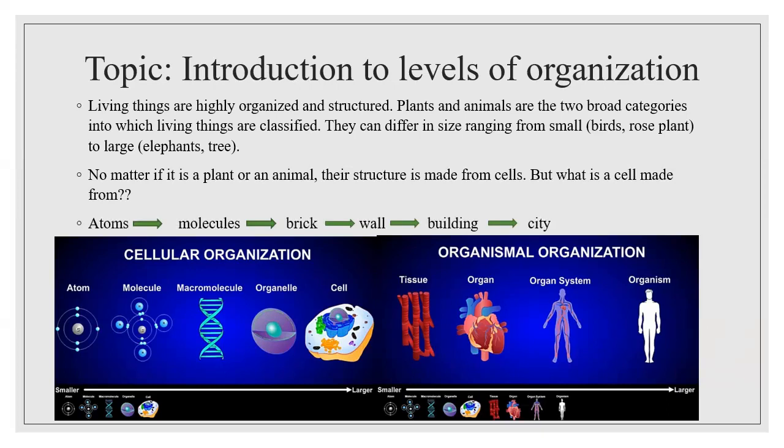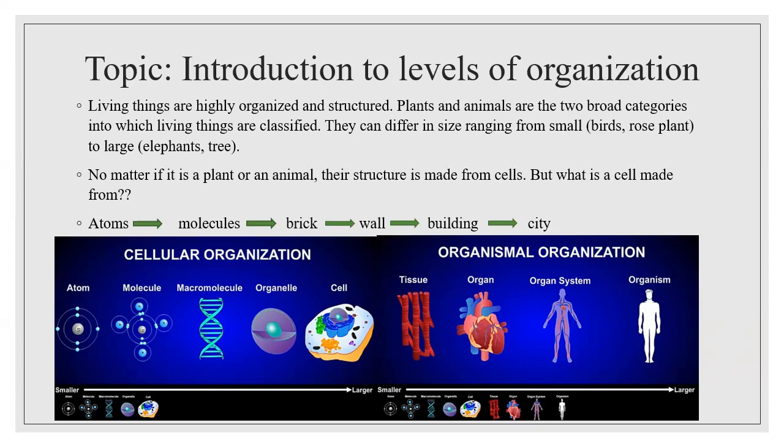Let us take the example of a city. Do you know how a city originated? As you know, everything is made up of atoms. So let us start from atoms. The small atoms, having a nucleus in the center and electrons in their surroundings, join together to make molecules.